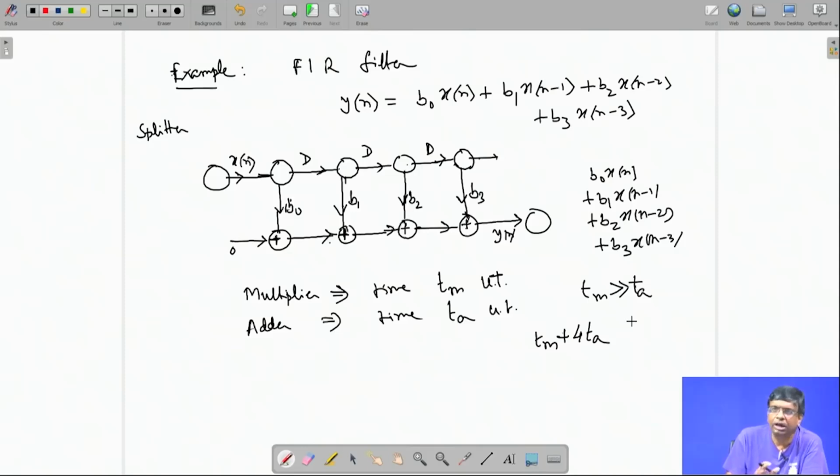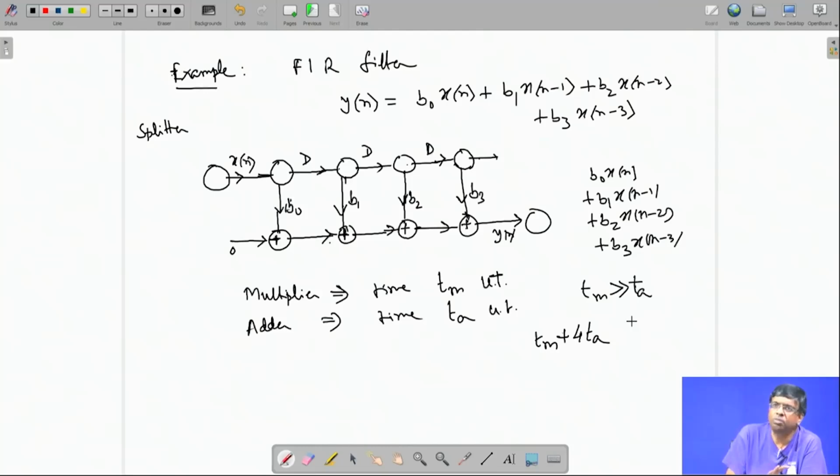So, there are many high level transformation techniques where, given a graphical description, you can apply one of the transformation techniques and get something which is equivalent to this in terms of the input output relation, but that equivalent circuit may have a better feature than this, maybe in terms of speed, maybe in terms of total computation and hardware or chip area and so on.